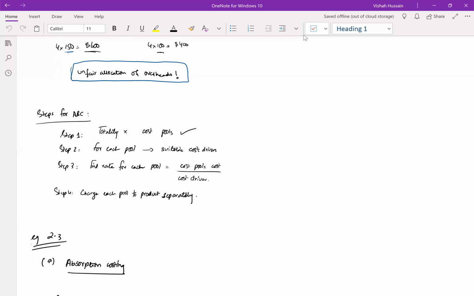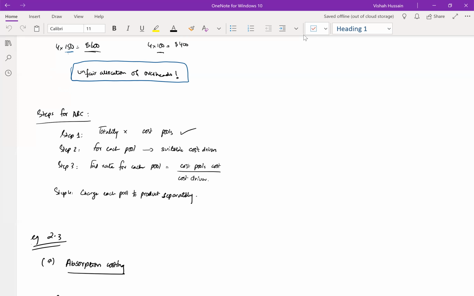We need to move to step three, that is, we need to find rate for each pool. So finance department's overhead is going to be divided by the finance department labor hours. Okay. Similarly, marketing department overheads is going to be divided by labor hours.